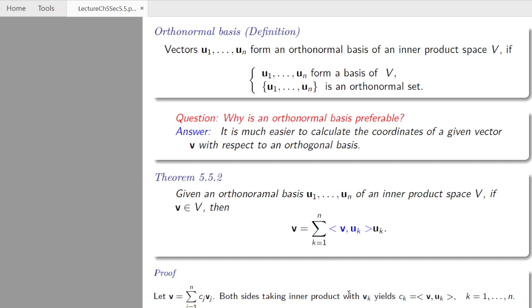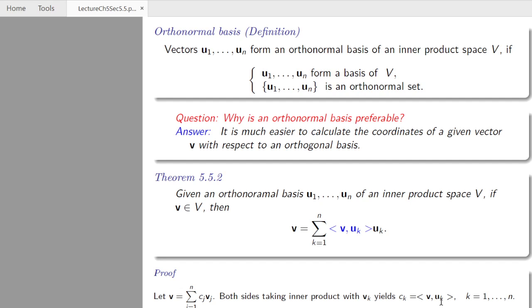Then because we assume u1, u2 to un is an orthonormal base, we can say ck has to be equal to the inner product between v and uk.